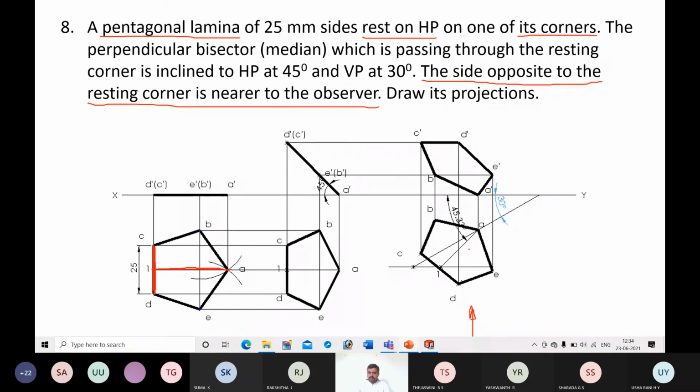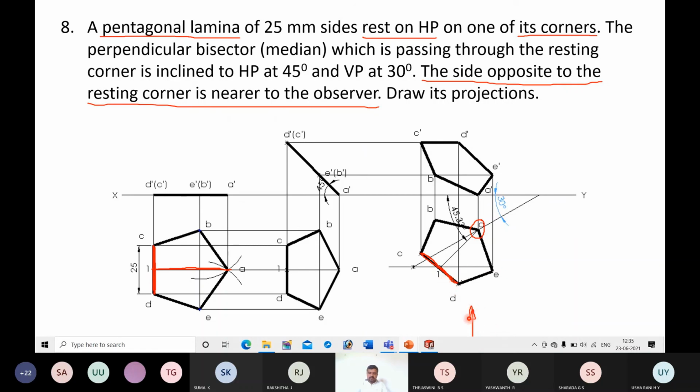Okay. Now A, it is the resting corner. Side opposite to the resting corner means DC, this line. Okay. If this is the position of the observer, this arrow mark, so whether A is nearer to observer or this CD is nearer to observer, which is nearer?